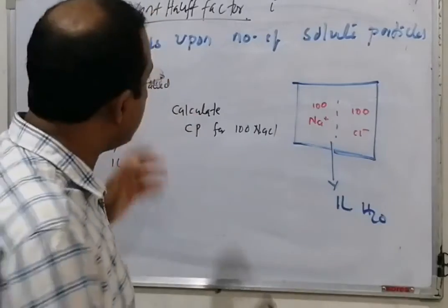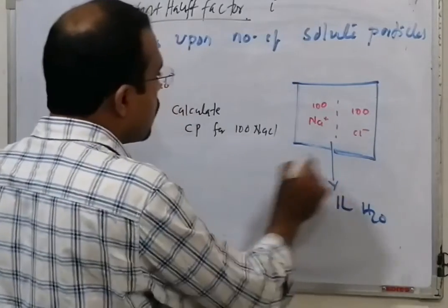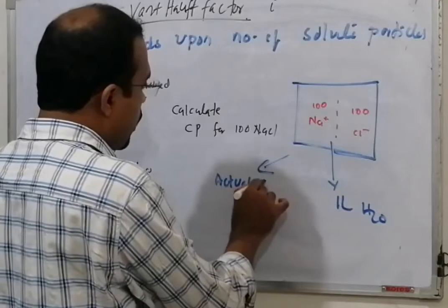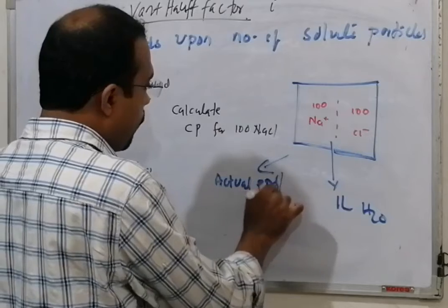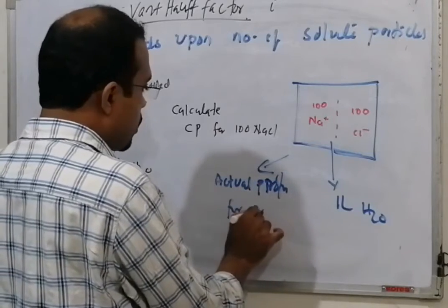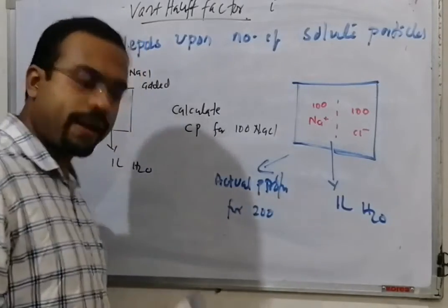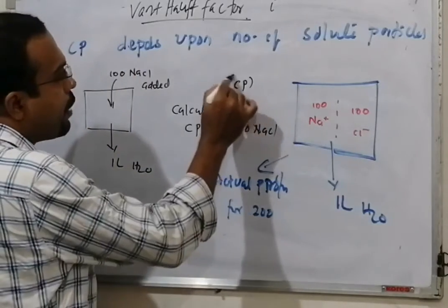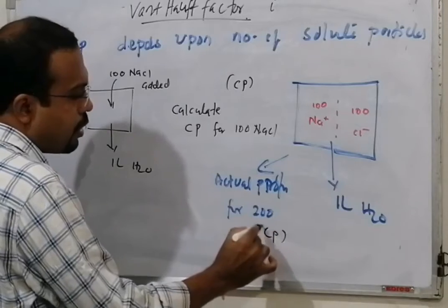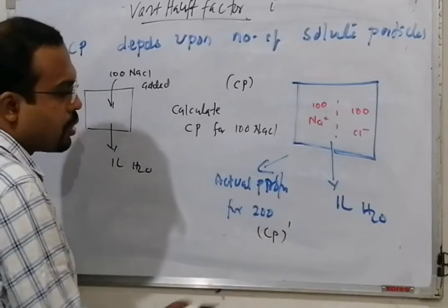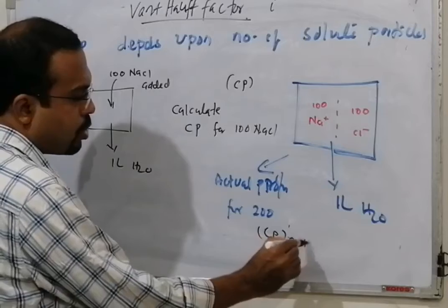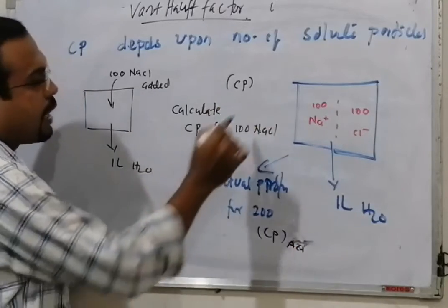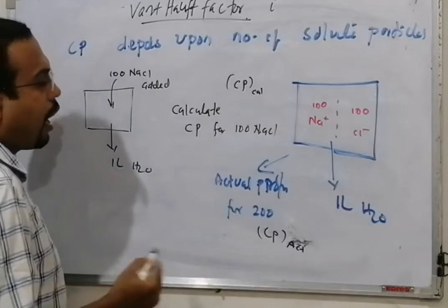Therefore, the actual colligative property is for 200 particles. Therefore, the value I got here, Cp calculated, and the actual value, Cp actual, are different.